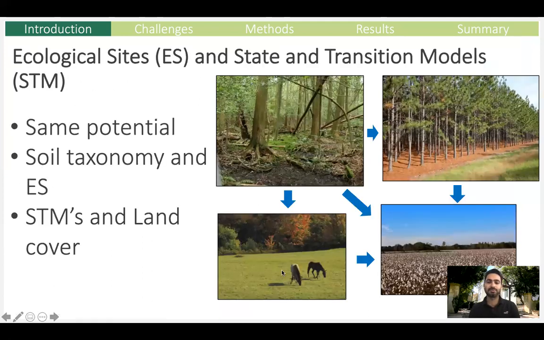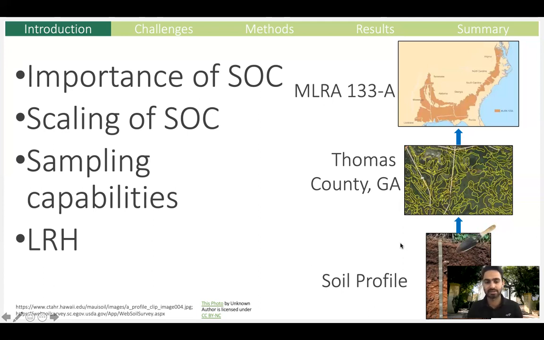So the problem with the scaling hierarchy, which is the land resource hierarchy, is that it's just spatial and it fails to capture the temporal aspect of changes in soil organic carbon. It doesn't represent how it will change in time, and it's fixed for each time.